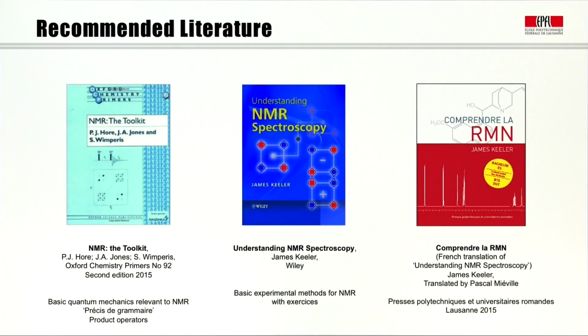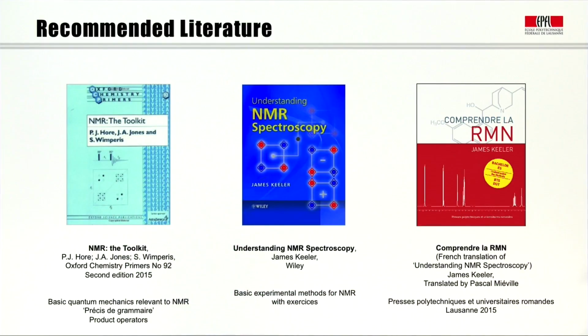Now, the book that we recommend for this MOOC is of course not the only good book on magnetic resonance. First of all, there is a second volume, which I sometimes call NMR Peter Hoare Volume 2, but in fact is called The Toolkit, and it has three authors: Peter Hoare, the same, Jeremy Jones, and Steve Wimperis. Jones is a physicist.